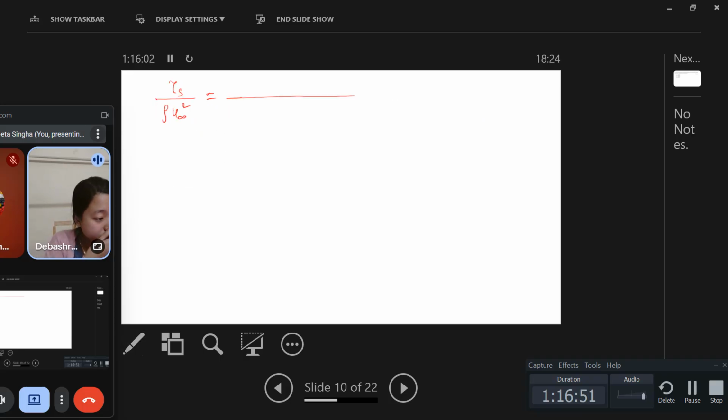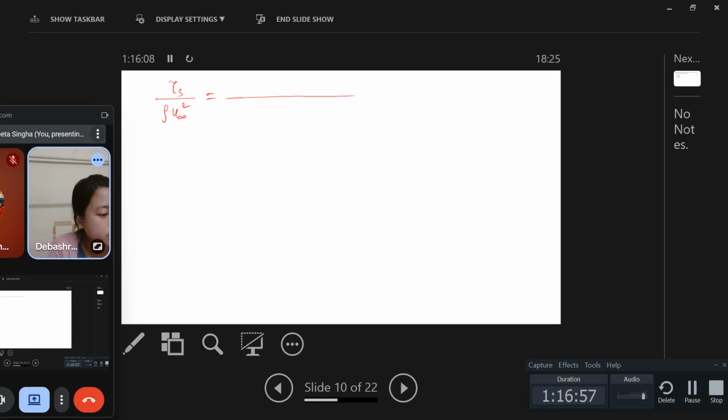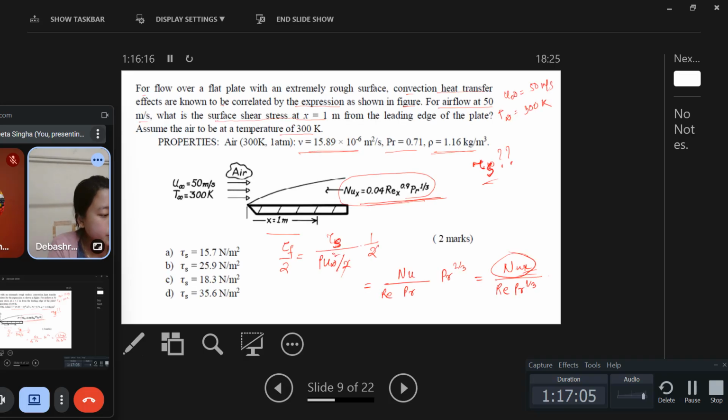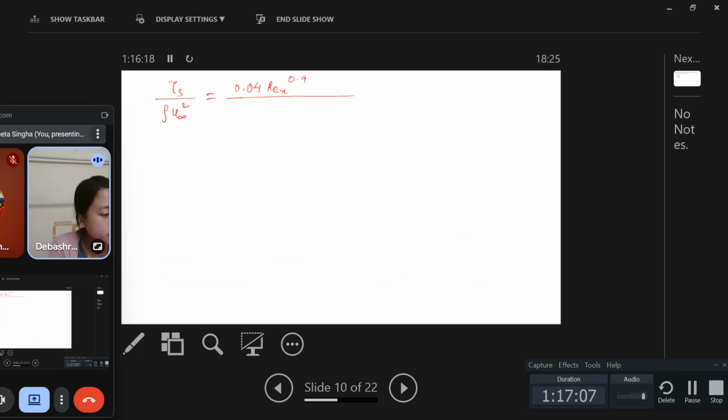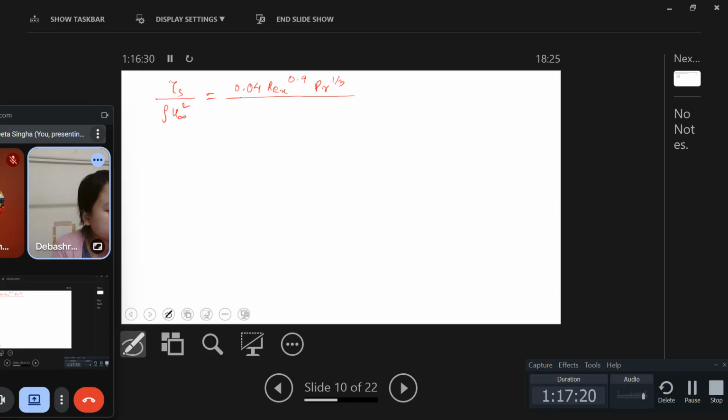Nusselt number was given as 0.04 Re_x to the power 0.9, Prandtl number to the power 1 by 3. Okay, and below is Re Pr and on top is Pr to the power 2 by 3.